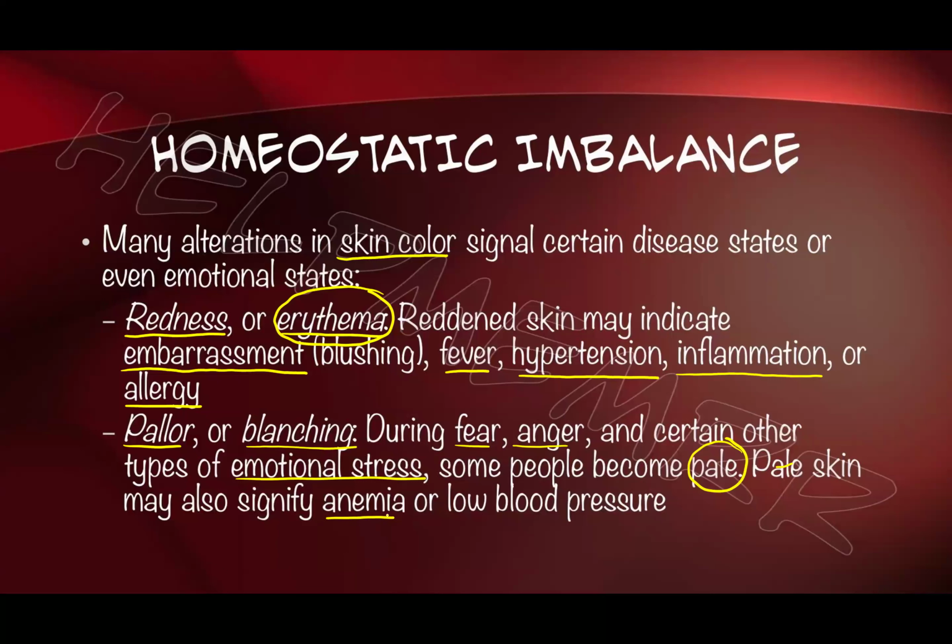Anemia, meaning that the blood itself is not going to the areas that we need it to. The biggest thing is that it doesn't have enough iron to make the hemoglobin, and the hemoglobin needs to pick up the oxygen, and the oxygen needs to go to the cells, where it can help create things like ATP. You can't do that. Low blood pressure is another one.